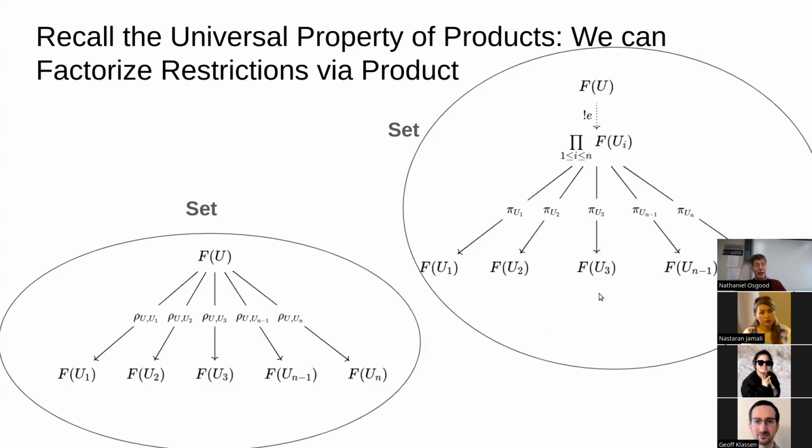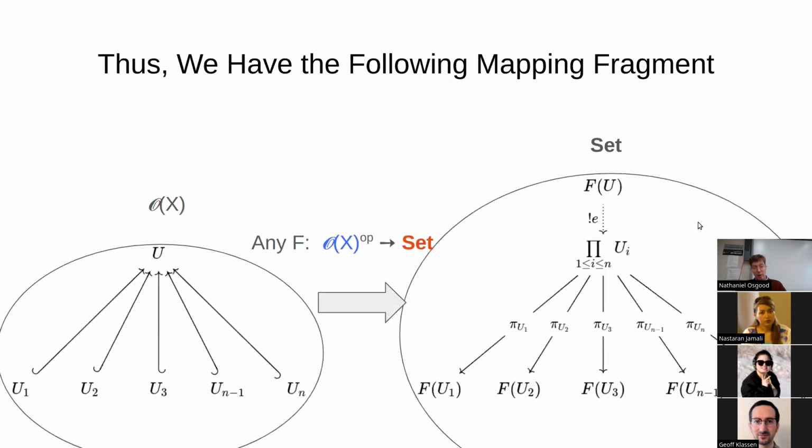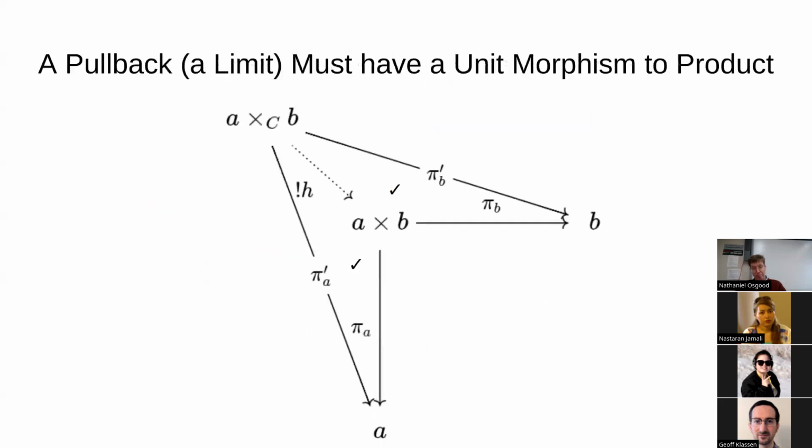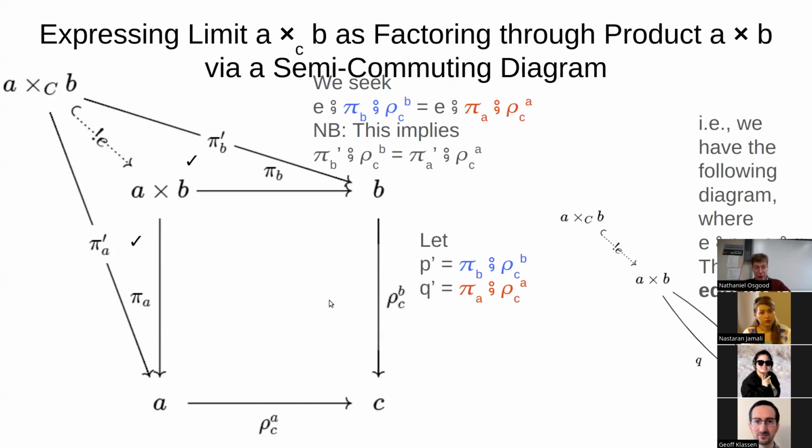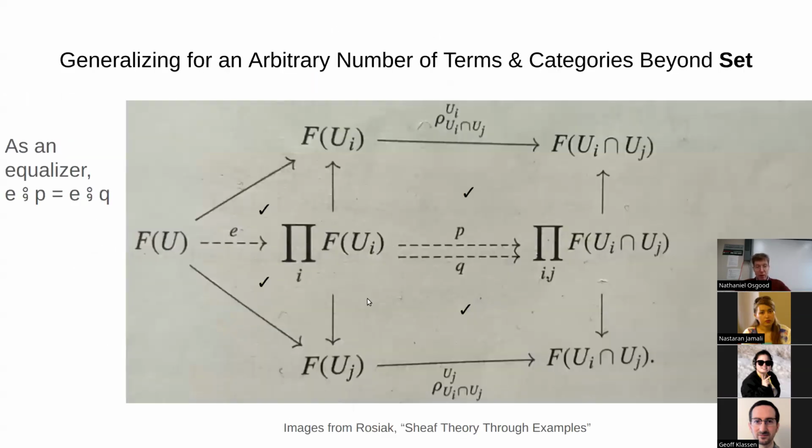To get the commuting conditions, to restrict what we assume about each of these, we use this construct called an equalizer, okay? I tried to express it for two components, but I'll cut to the chase. What we have is this.